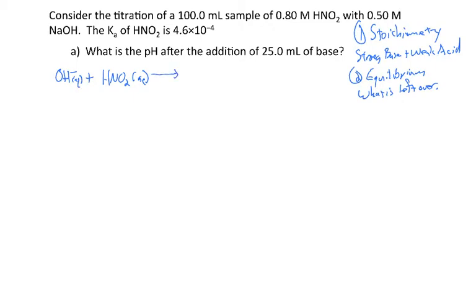This reaction is going to go to completion, so I don't use my equilibrium arrows, I use the one-sided arrow, and that's going to produce water plus the conjugate base of my weak acid.